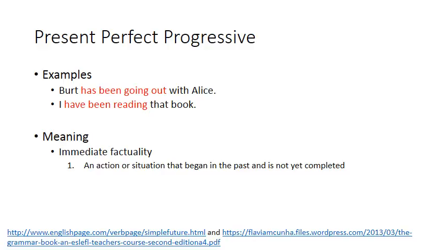But the meaning of this is an action or a situation that began in the past and is not yet completed. So when we're using this ing form, we're really indicating that something started in the past, has continued from the past to the present, and is incomplete. It will probably continue into the future. It's going to be continuing into the future.